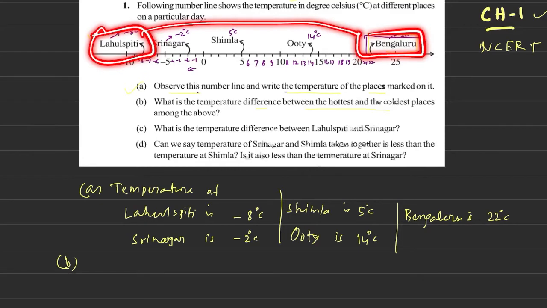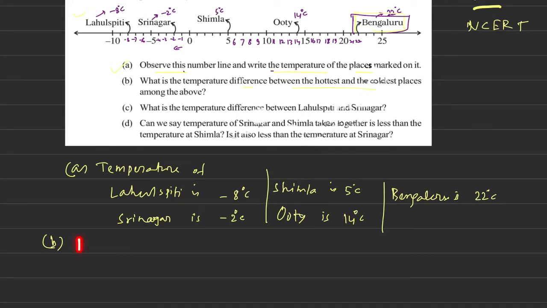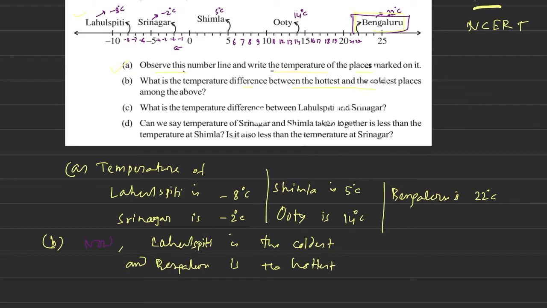To find the difference between the temperatures of these two places: Lahaul Spiti is the coldest and Bengaluru is the hottest, and the temperature is -8 degrees Celsius, and the temperature is 22 degrees Celsius.